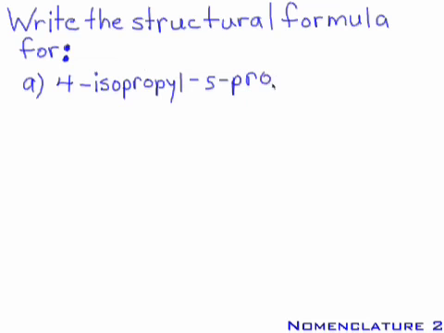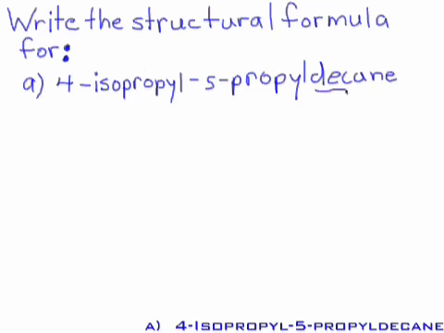Now, when you're given a name of a molecule, the first thing you look for is the root name. The first part I'm interested in is this root, decane. Decane is a 10-carbon chain, so I write down 10 carbons: 1, 2, 3, 4, 5, 6, 7, 8, 9, 10.